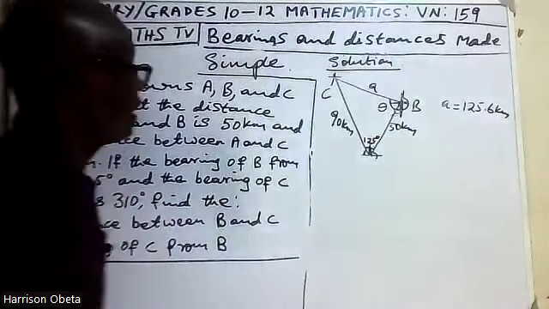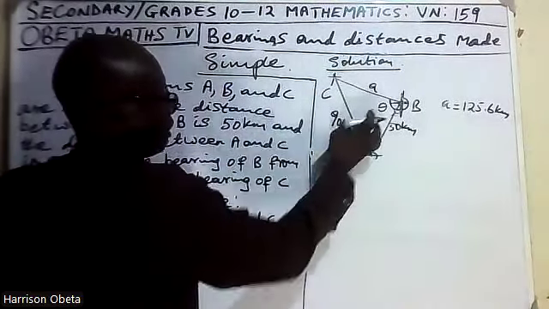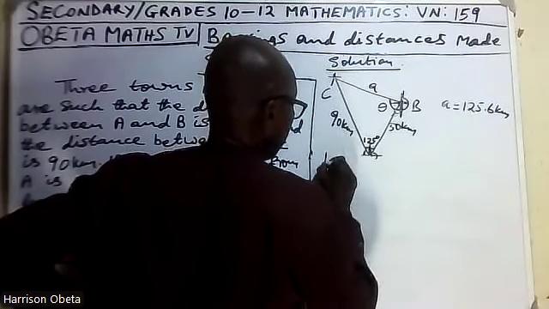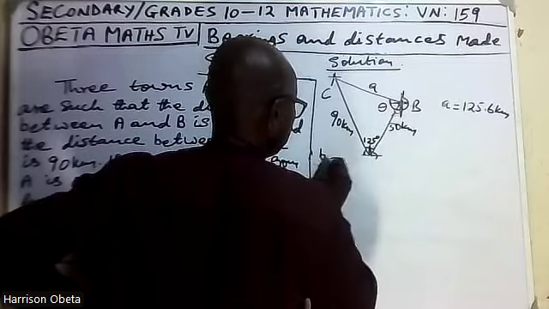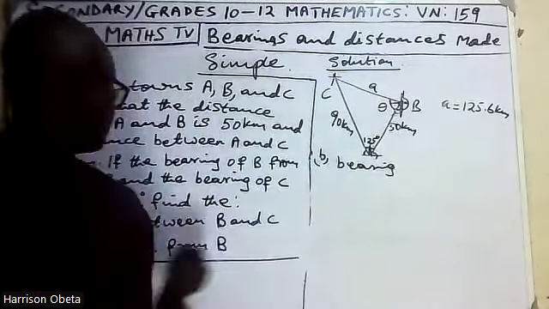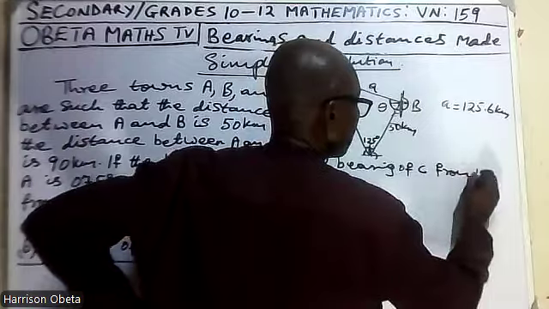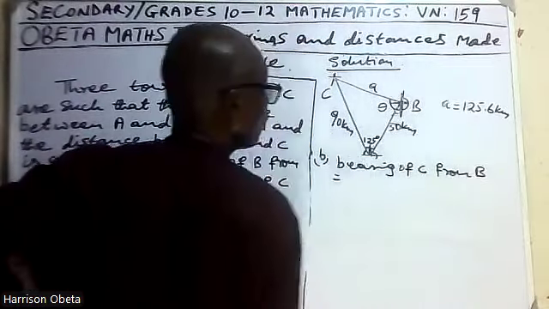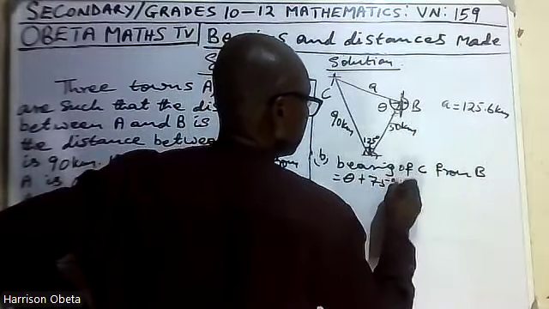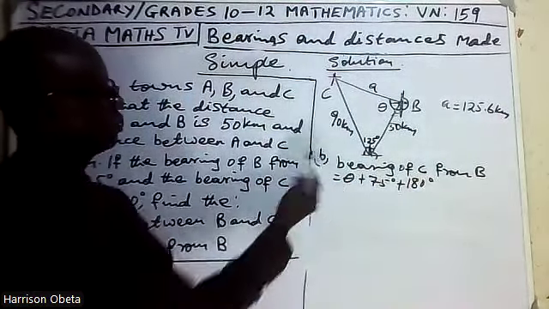So as I said earlier, we use the sine rule to calculate theta. So we know that the bearing of C from B is equal to theta plus 75 degrees plus 180 degrees. And remember, we are here to calculate this.